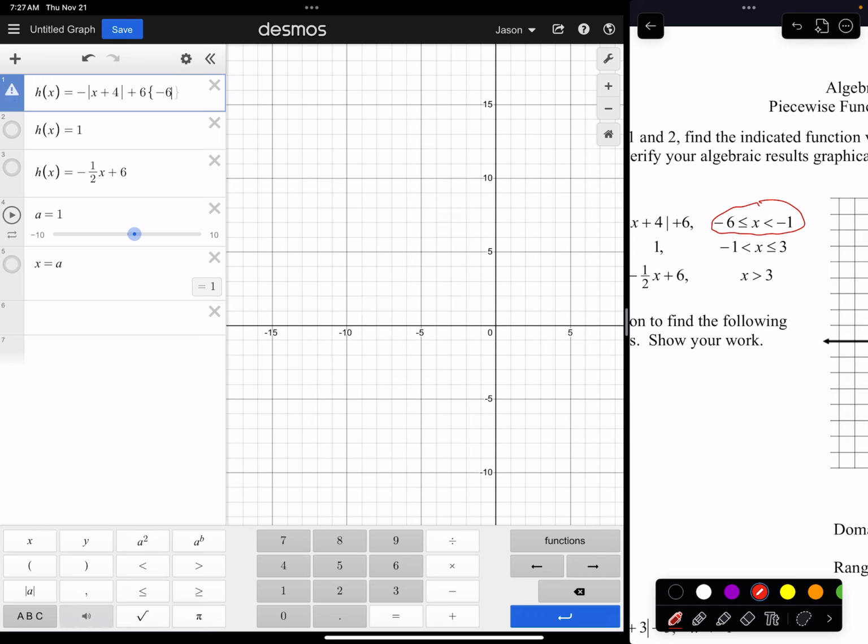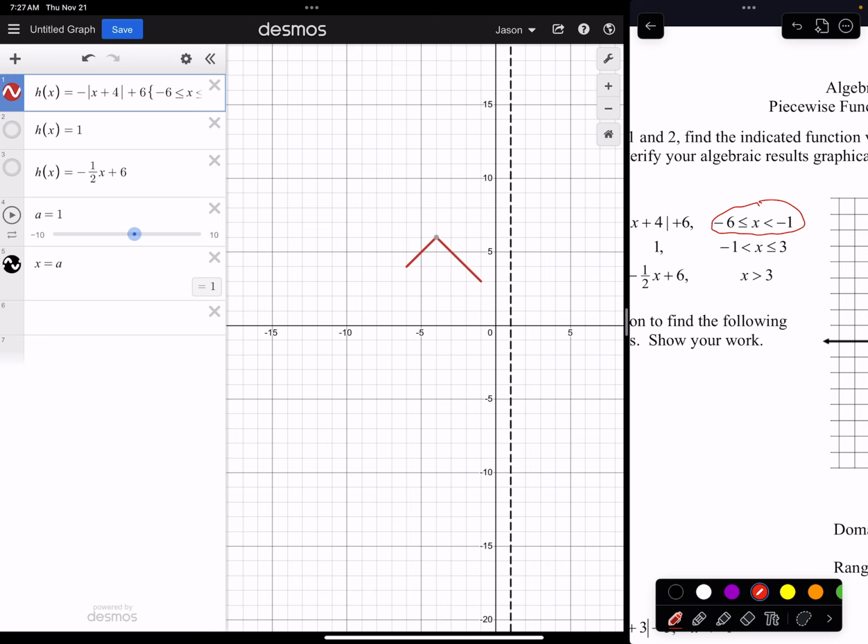So -6 less than or equal to x less than or equal to -1. Now you can see it restricts it just down to that piece. And now we can start making this thing a function. It will pass the vertical line test. So far, we're okay, right? It only hits once everywhere, so it is a function.